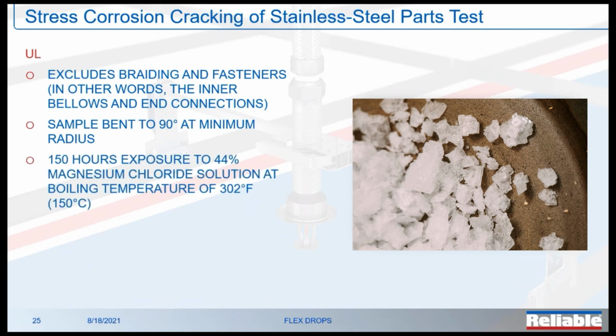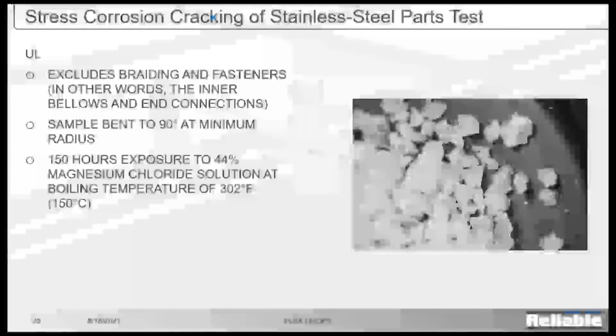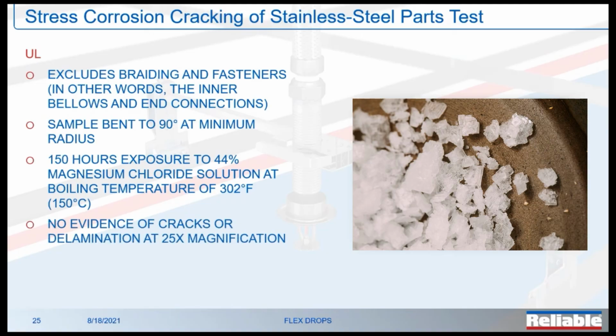It's put over 150 hours exposure to magnesium chloride solution, what we call boiling magnesium chloride, at that very high temperature of 302 again. That's to get the salt chlorides up into the air. It also speeds up that chemical reaction. Following that, we're going to look at it again, 25 times magnification, and make sure that stainless steel is holding itself together.